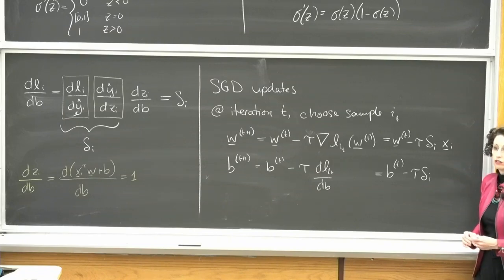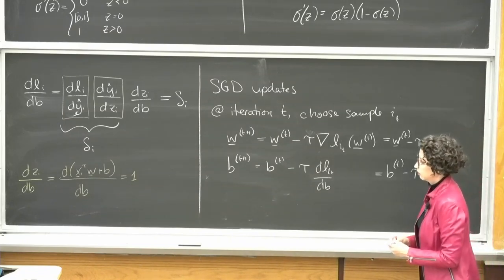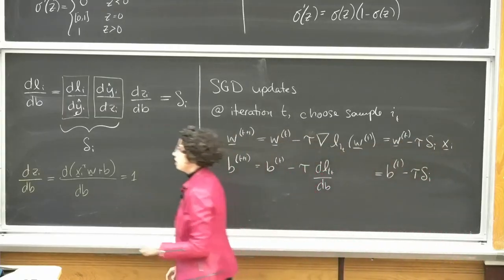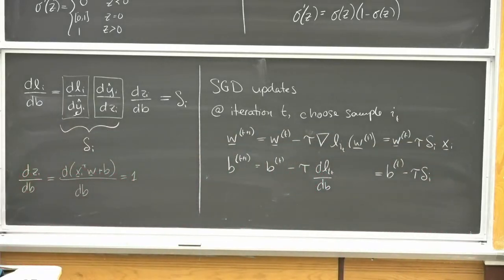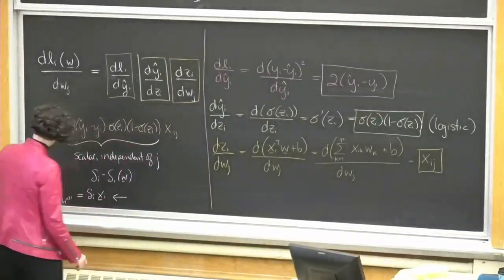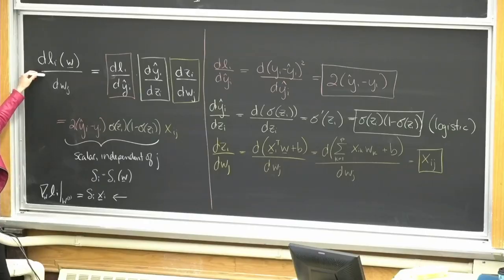Could you just explain again what the notation of the equation in the bottom left corner of that board is? Oh, yeah. So what I was doing here is I was saying we've computed the derivative of Li with respect to Wj.